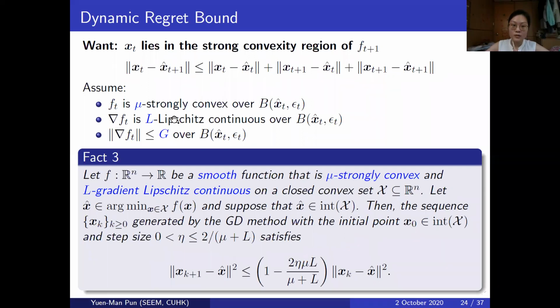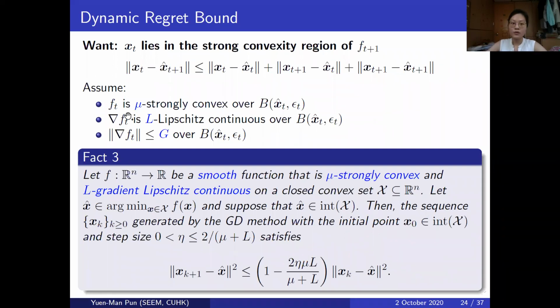And of course, these three will hold because first, this is the characterization of what we've just proved. And then, as you can see, the ball here is compact. This means the ball that is centered at xt hat with radius epsilon t is compact.